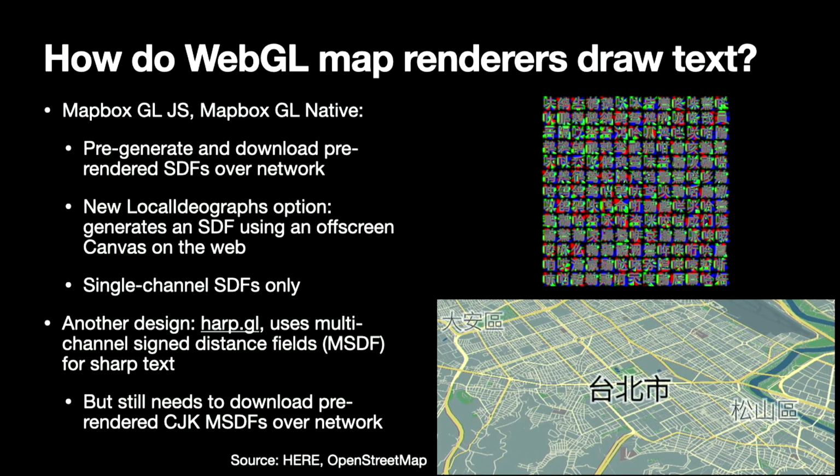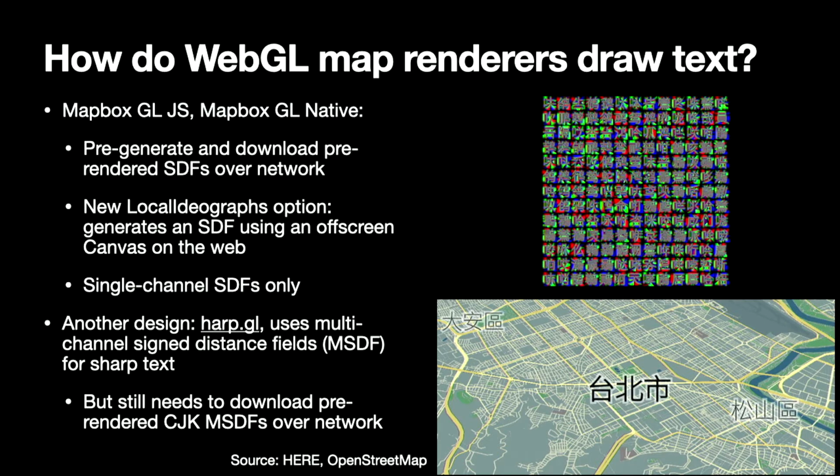And there are some strategies to improve this. You can use multi-channel signed distance fields, which store a different signed distance in each channel and then take the median. There is another renderer for vector tiles called HarfBuzz GL, and it does use these. The other downside with these renderers for Chinese characters is that they need to download all of these distance fields over the network.